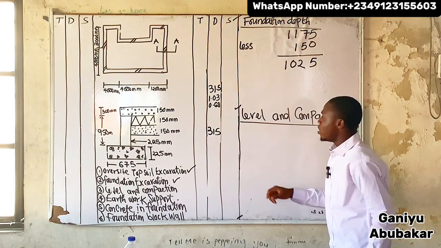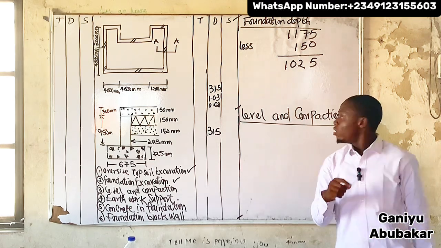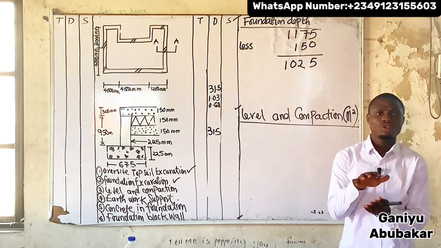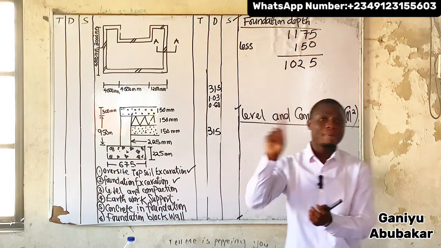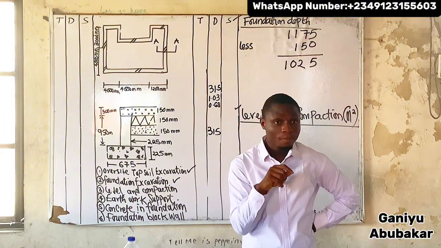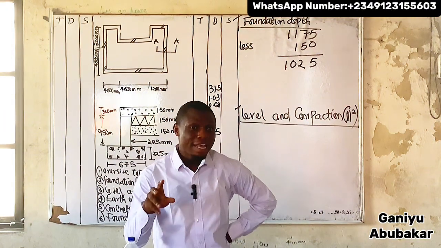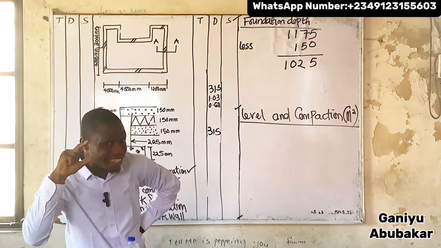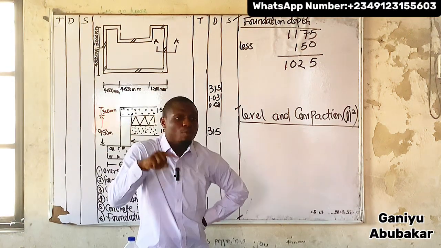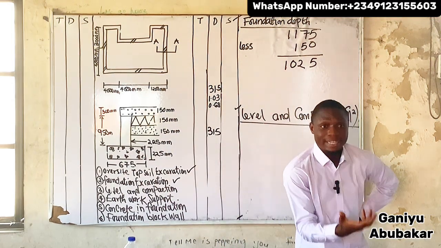Look up. If I put this value here now, level and compaction, your compaction of course will have, if I'm compacting, I'm trying to reduce the height. By reducing the height, you are making the soil stronger, having more bearing capacity.